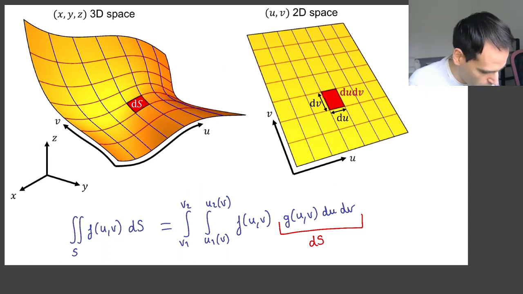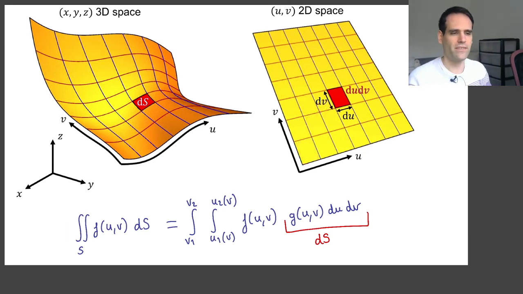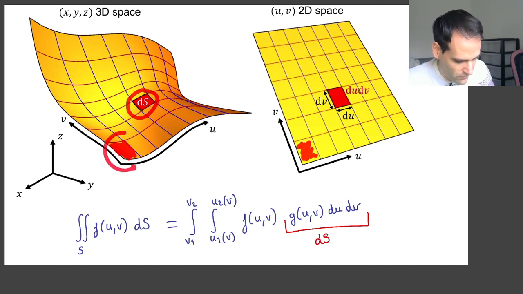Because depending on which square we choose, the area is going to be different. For example, this area here in parameter space has the same size as this area here, so they have the same size. But if you go to the corresponding area in real space, it's obvious that this one is stretched compared to this one, yeah?